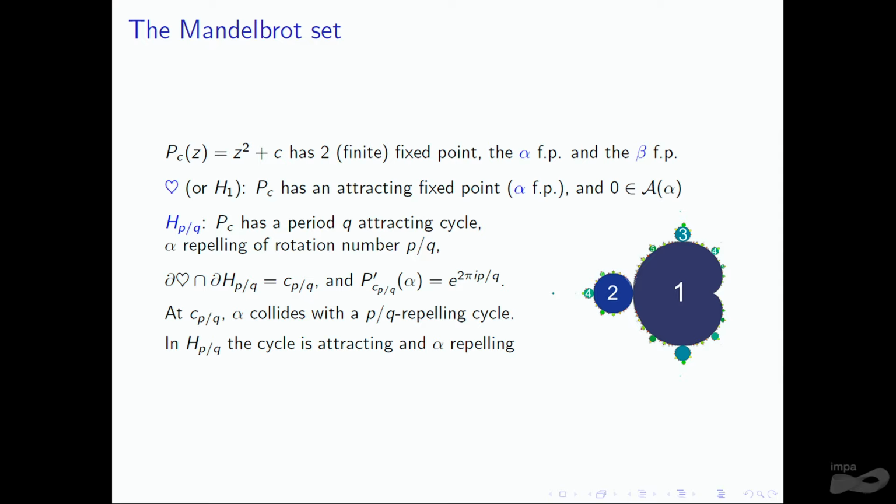The multiplier is the derivative at the point being exponential of 2 pi i p over q, where p over q is important because it's the combinatorics of the orbit. Q is the period, and p tells you how you go around, basically.